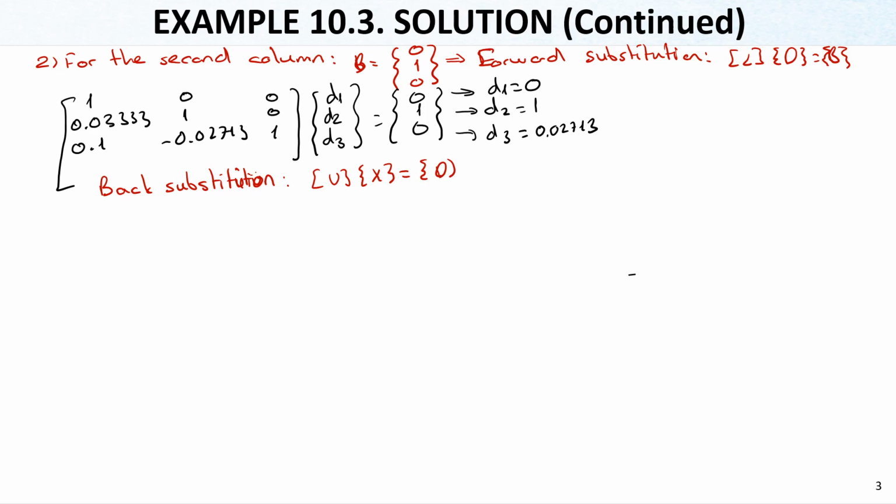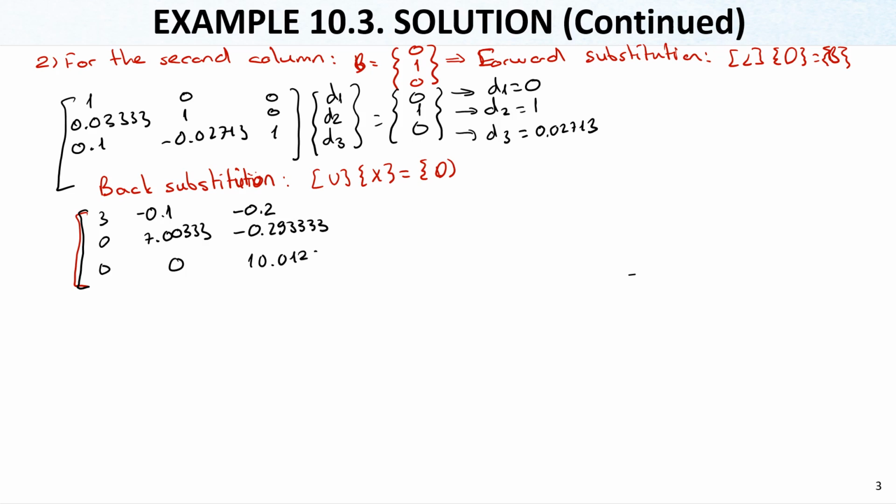If you solve this, let's write the U matrix. 3, 0, 0, minus 0.1, 7.00333, 0, 0.2, minus 0.293333, and 10.